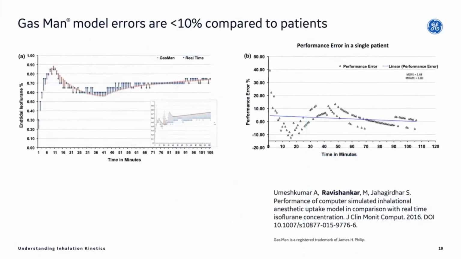The Gassman model errors are less than 10%, as has been studied recently by Dr. Ravi Shankar and his group in India. When we look at the red line for Gassman and the bars for the difference between the measured value and the Gassman value, they differ by no more than 0.05%, which is the resolution of the gas monitor.